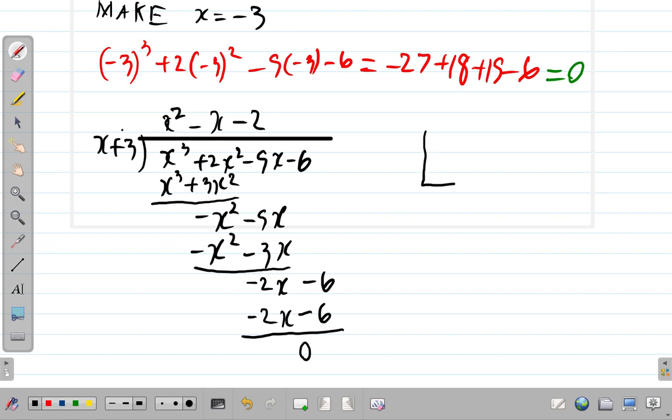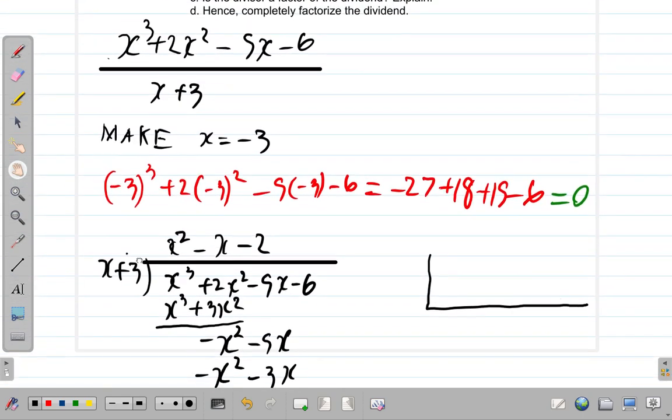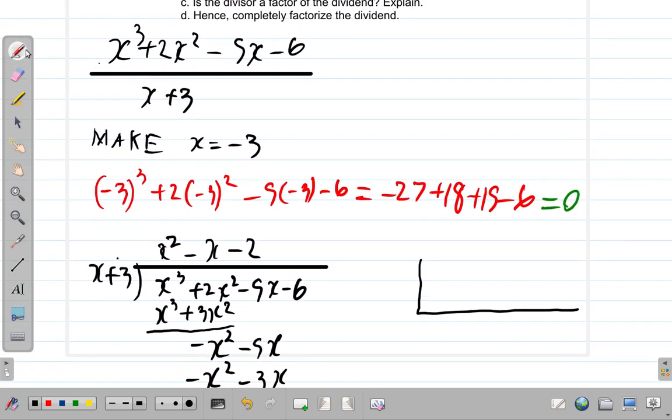If you use synthetic division, the coefficients of the terms in the dividend are 1 for x cubed, 2 for 2x squared, negative 5 for negative 5x, and negative 6 as a constant. And you're dividing by x plus 3. So the way that they traditionally do it is to say negative 3. Bring down the 1.